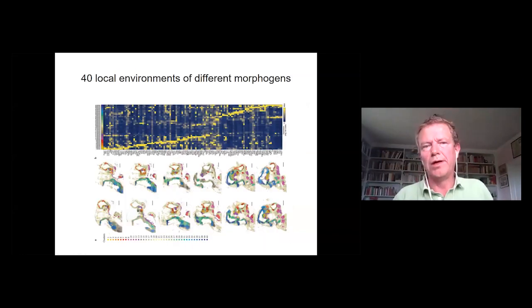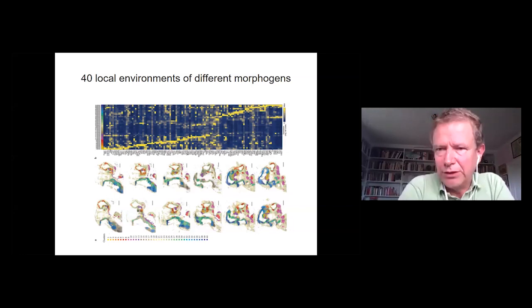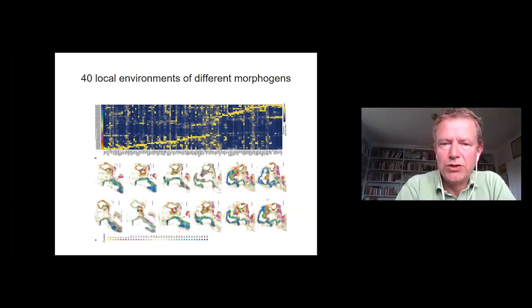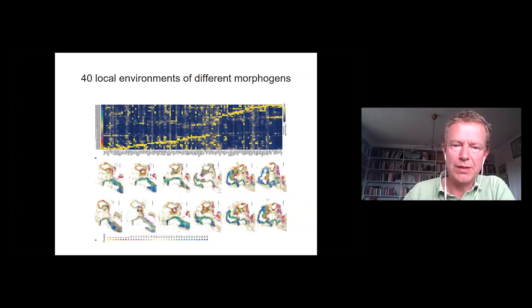So all in all, by doing an unsupervised clustering of the spatial data, 40 distinct regions or environments could be defined that use different combinations of these 119 genes. So each providing a unique environment for cell development.